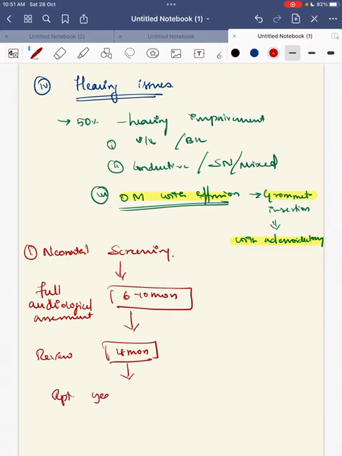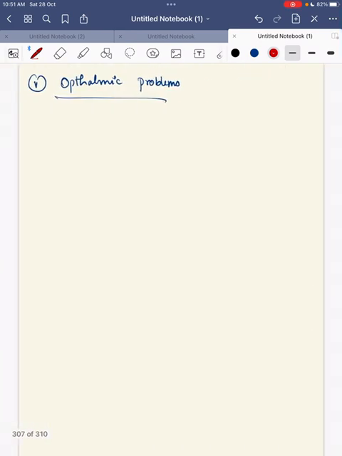This audiological review is repeated yearly till the child is 5 years of age. Then it can be repeated once every 2 years for life. This is about hearing issues in Down syndrome.